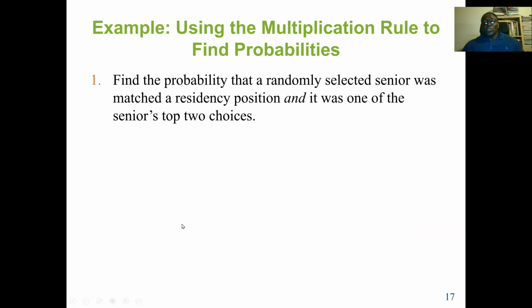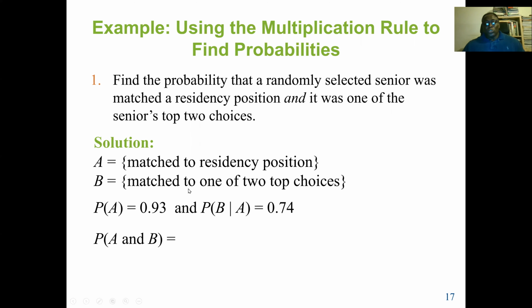So first thing we do, we find the probability that a randomly selected senior was matched to a residence position and it was one of the senior's top 2 choices. So solution means A is matched to residence position, B is matched to one of the 2 top choices.